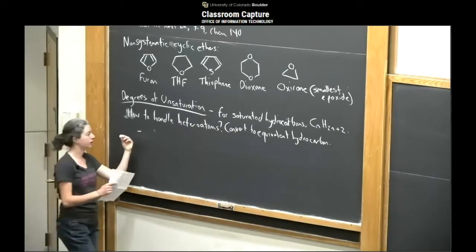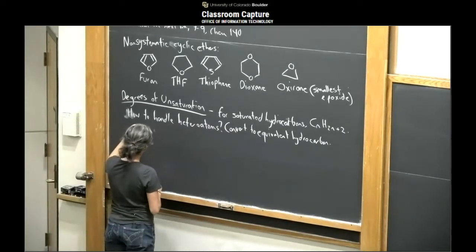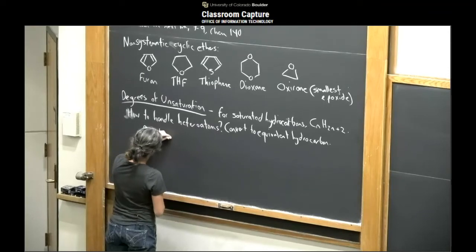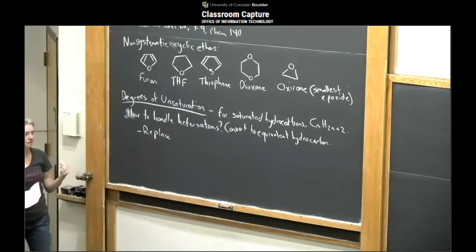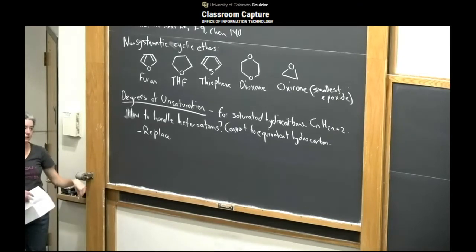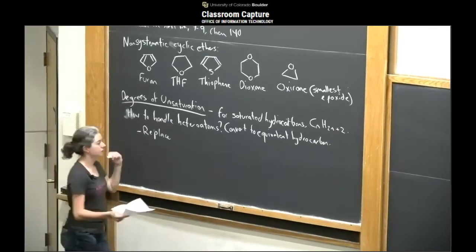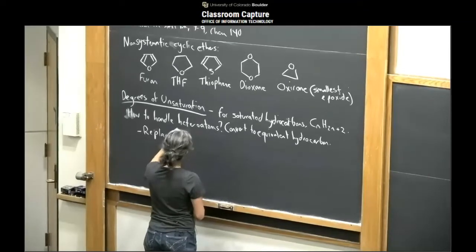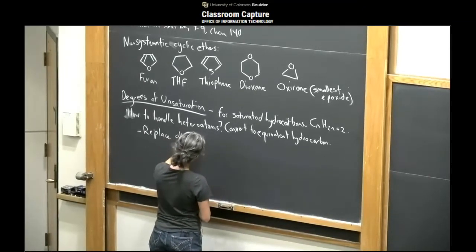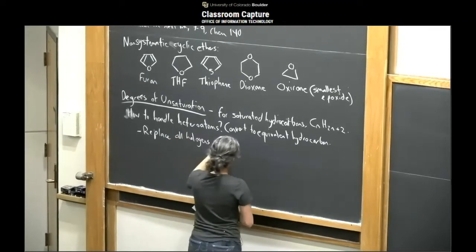So for example, halogens only connect to one other atom when you're in a stable neutral molecule, same as hydrogens do. So as far as degrees of unsaturation are concerned, halogens and hydrogens are completely equivalent. So what we're going to do is replace all halogens with hydrogens in the formula.